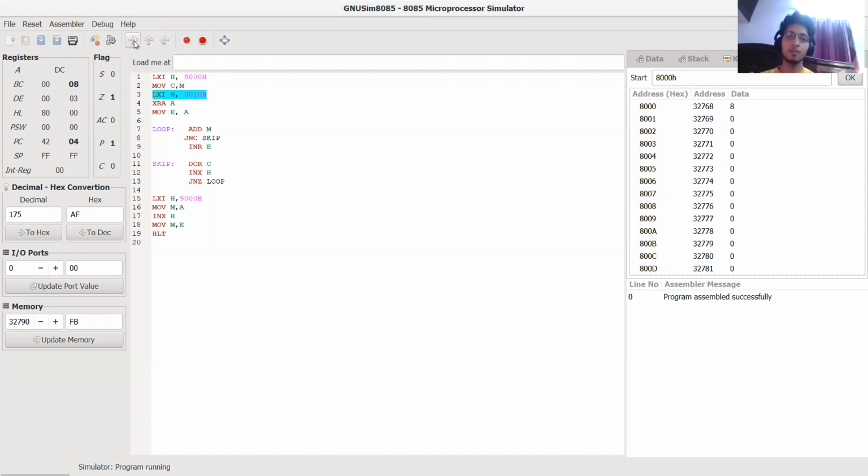And after these two commands, you will see the A and E registers are initialized to 0. Now we'll be running a loop, and at each iteration, the value of A will be added to the memory pointed by the HL pair.